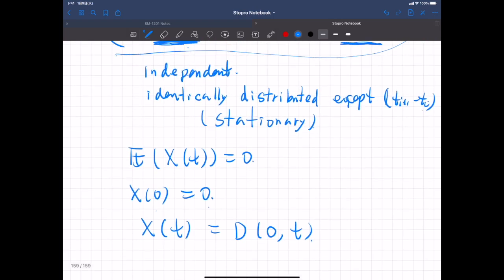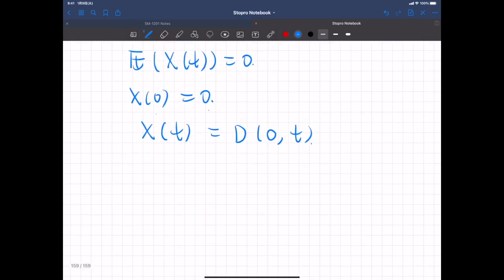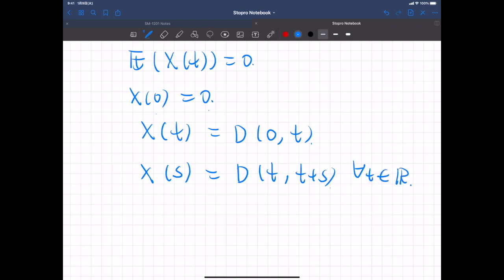And due to the stationary property, we also have x of s as d of t, t plus s for all real numbers t. So this means t can be any value. Because of the stationary property, we can express x at any time point as this difference for any t.